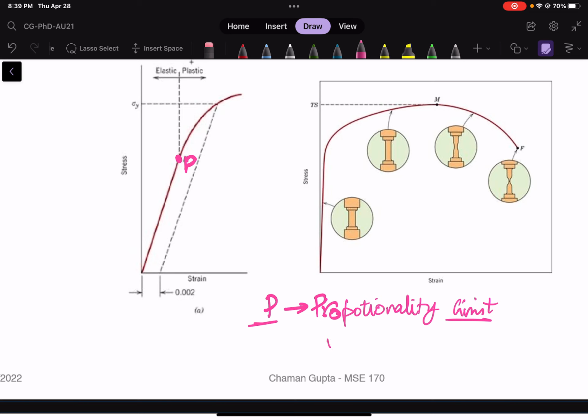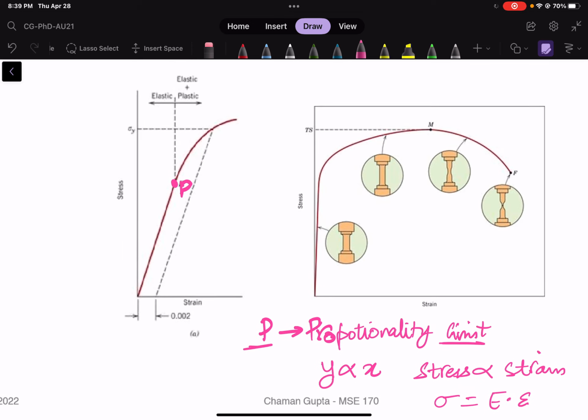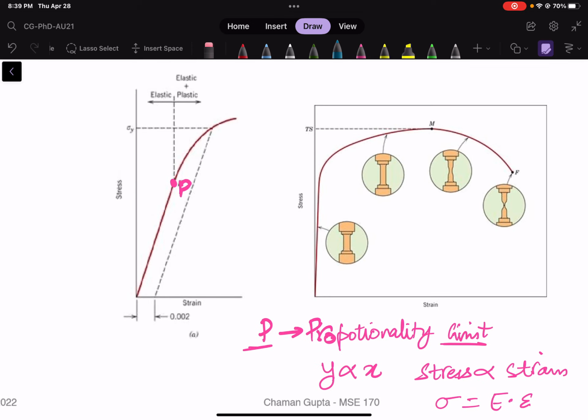And by proportionality, it simply says that y was proportional to x, or stress was linearly proportional to strain. I could write simply sigma equals E times epsilon, Young's modulus times the strain.